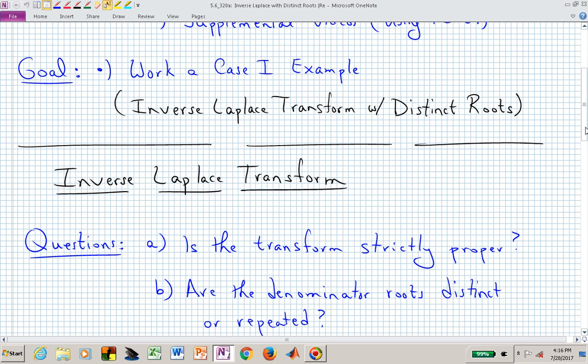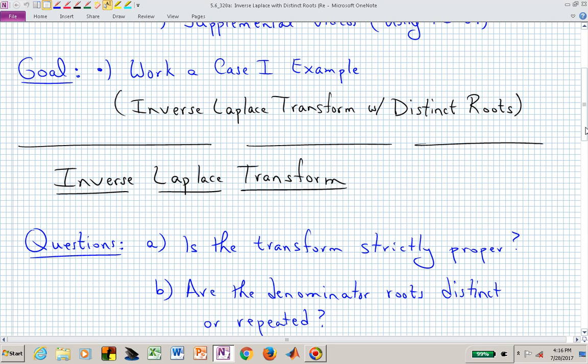Then once you've found a strictly proper transform to work with, you need to examine the denominator roots, which are actually the poles of that particular strictly proper transform. And you need to assess, are those roots distinct or repeated? If they're distinct, then it's a little bit more straightforward to find the partial fraction expansion coefficients, or the residues.